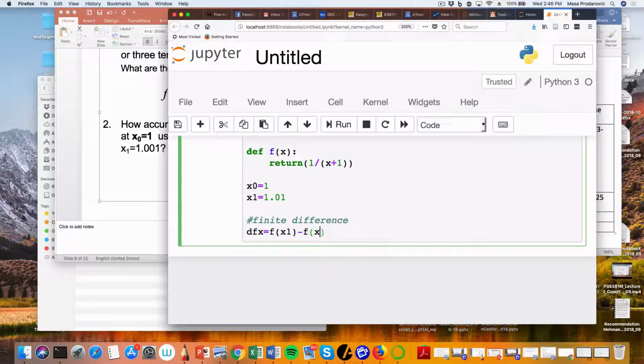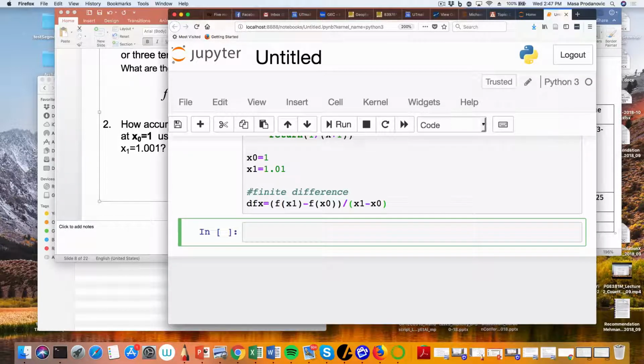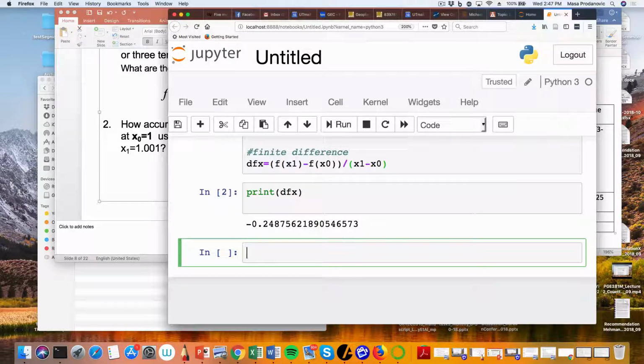Minus f of x0, all of that in brackets, divided by the difference between the two. I'm just using Python as a calculator really. Let's see if I had any typos. No. So I can print dfx and I get a value.